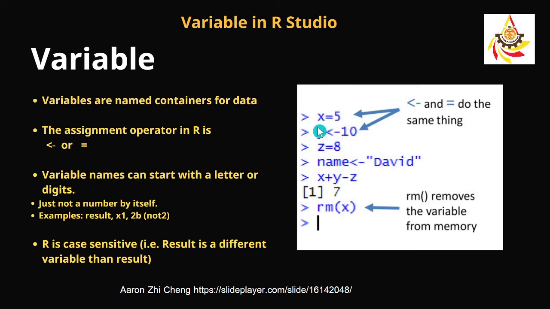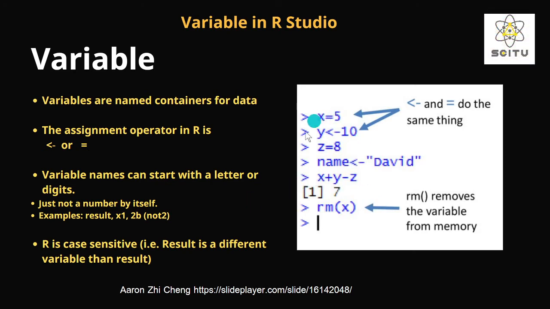The same with y: assign 10 to y, meaning 10 is input to y. Then you can use x and y in some operation that you need, like x plus y minus z, and then you enter and you will get the result. This one is an easy command.